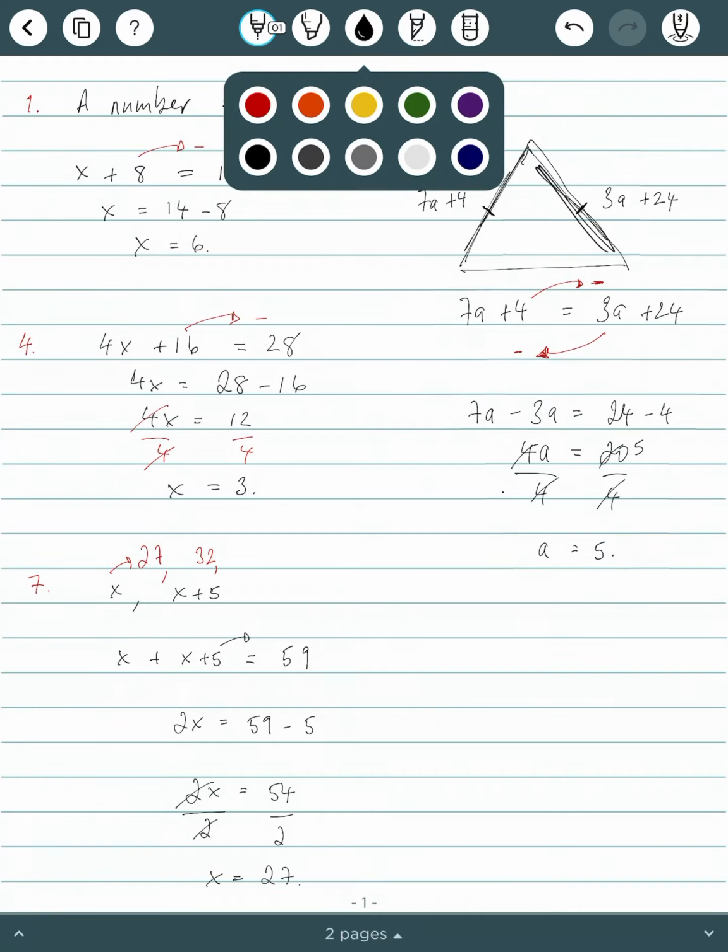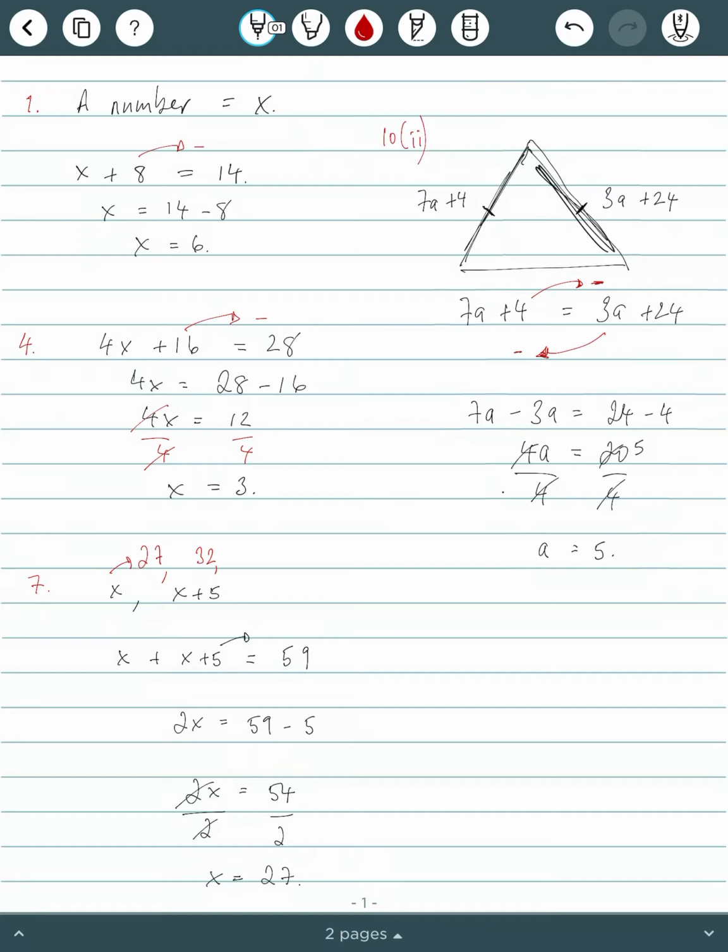I'll do another one there for you boys. I'll get to one with more English because I know that can get people a little bit tricky. Question 12. When a number is increased by 4 and the result is doubled, the answer is 22. Wow, lots of English going on there now, but let's just break it down bit by bit. When a number, so that number is x.